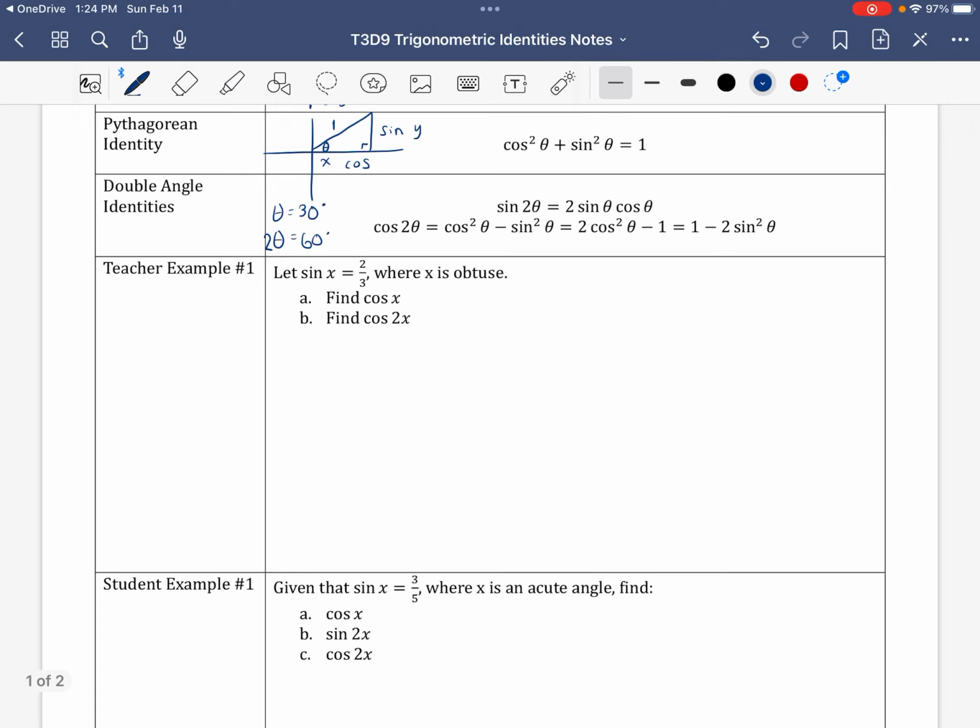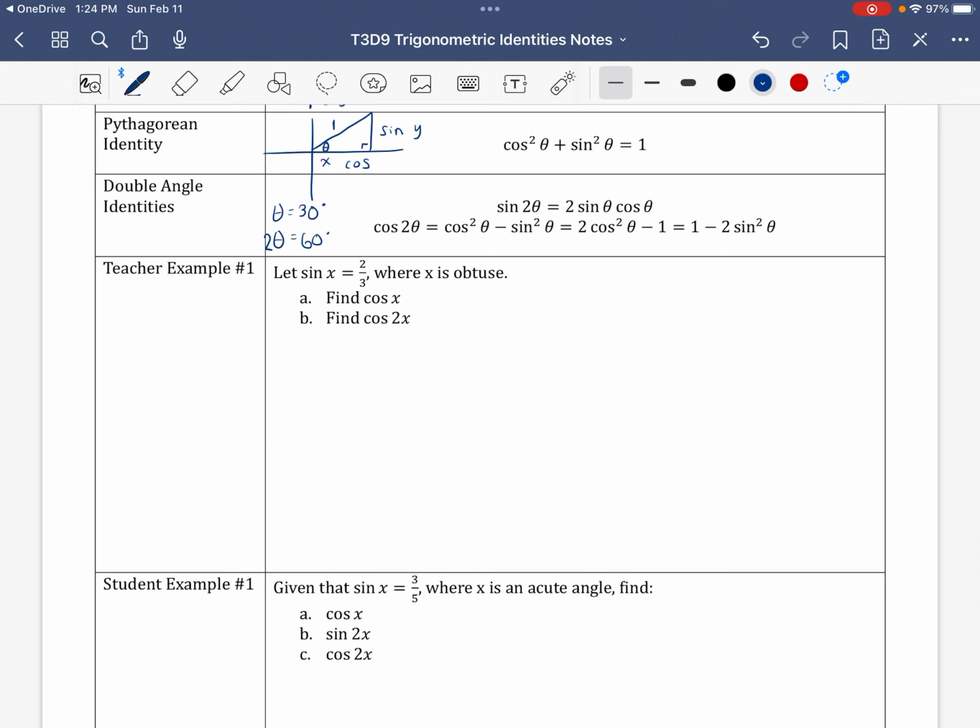Since we just talked about the Pythagorean identity where we have cosine squared or sine squared, it becomes very important that we're clear whether we're talking about a double angle like sine of 2 theta versus cosine squared of theta. Squaring versus doubling our theta value, we have to write very clearly. Our double angle identity for sine is sine of 2 theta equals 2 sine theta cosine theta, where the 2, sine and cosine are all just being multiplied.